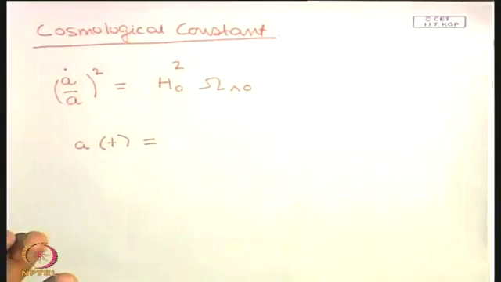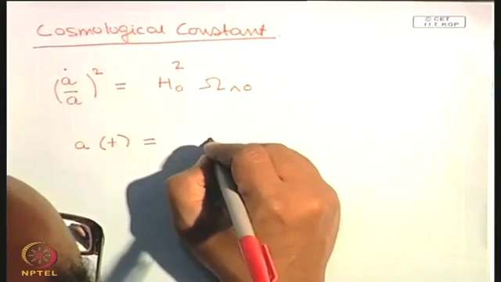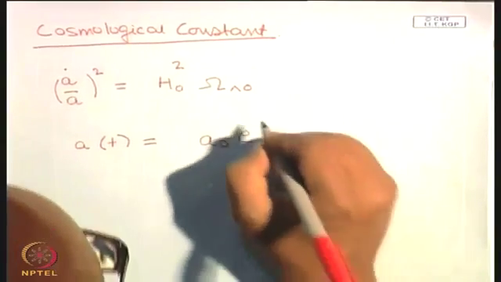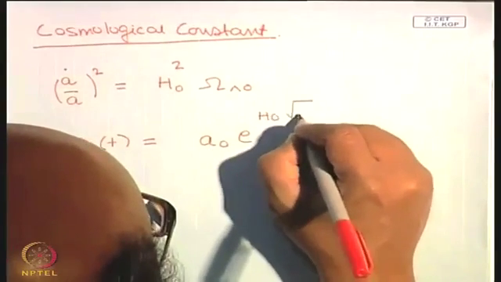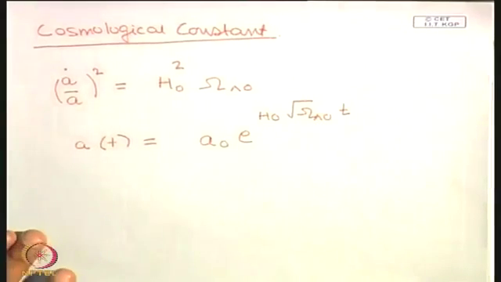This equation has a solution that a(t) is equal to a_0, if you wish, e to the power H_0 square root of Omega_lambda0 into t. It is an exponentially growing solution.